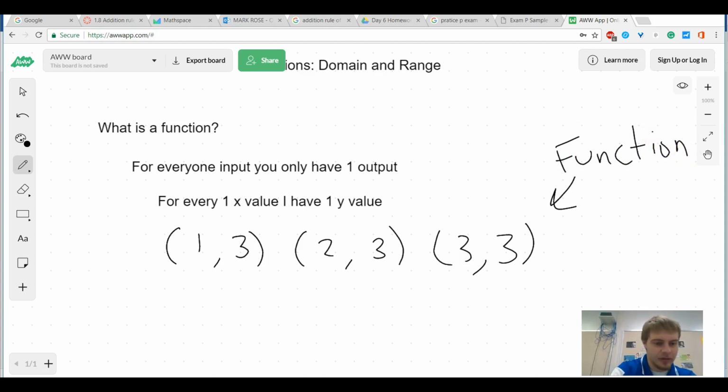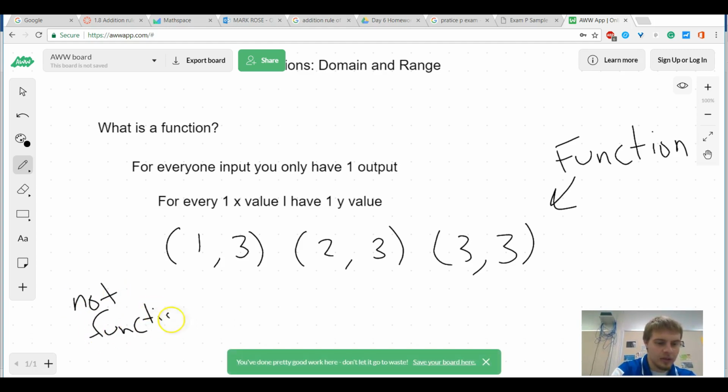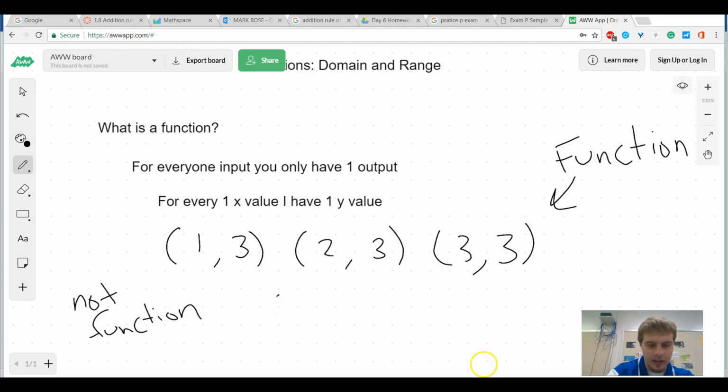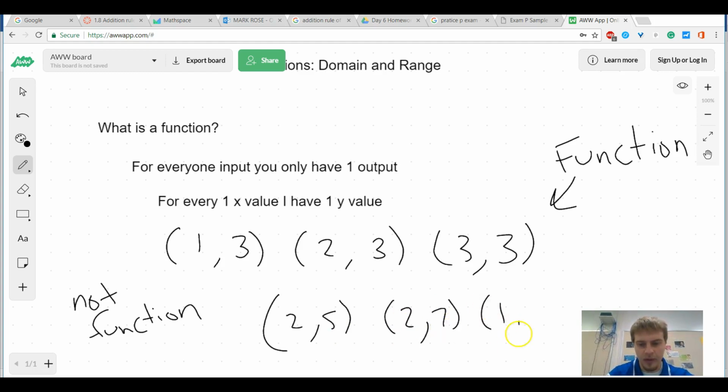This would not be a function. We'll show you what that example looks like. That might be like 2, 5, 2, 7, and 1, 4. And so you'll notice on this one that this is not a function because I have a 2 here, and it goes to 5, and I have a 2 here, and it goes to 7.